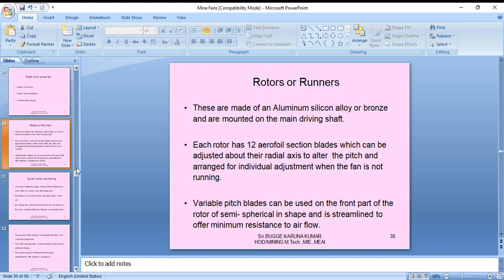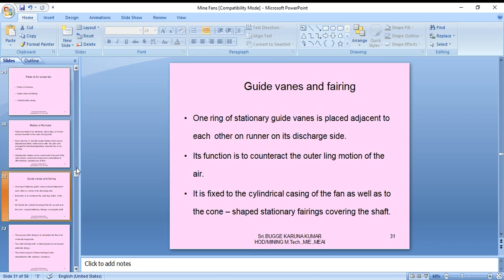When the fan is not running, variable pitch blades can be used. The front part of the rotor is semi-spherical in shape and is streamlined to offer minimum resistance to airflow. So these are the basics of the rotor.